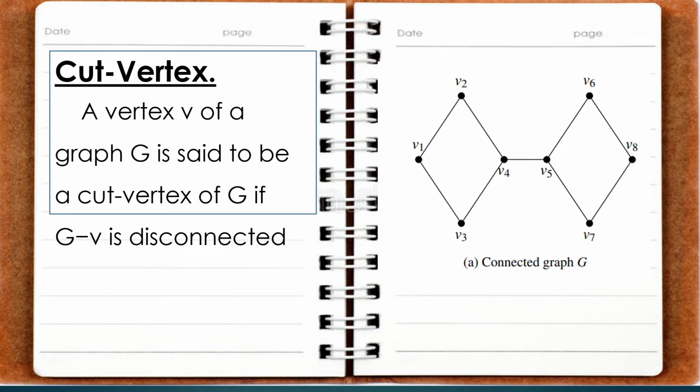Cut vertex. A vertex V of a graph G is said to be a cut vertex of G if G minus V is disconnected.